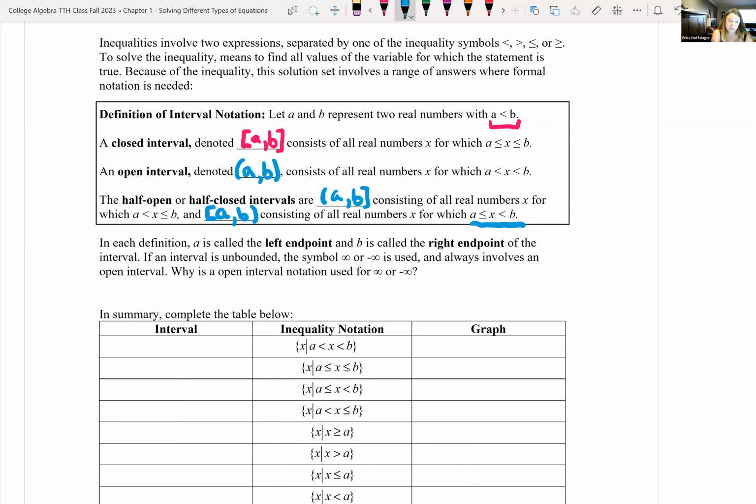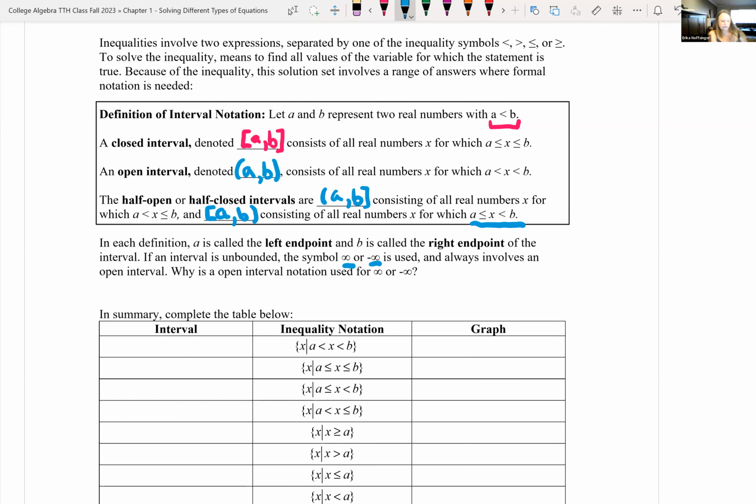So we put the closed bracket if it's including that bound of our inequality, and we put the open parenthesis if we're getting very, very close to that number, but not including it. In each definition, A is called the left endpoint and B is called the right endpoint of the interval. If an interval is unbounded, the symbol for infinity or negative infinity is used.